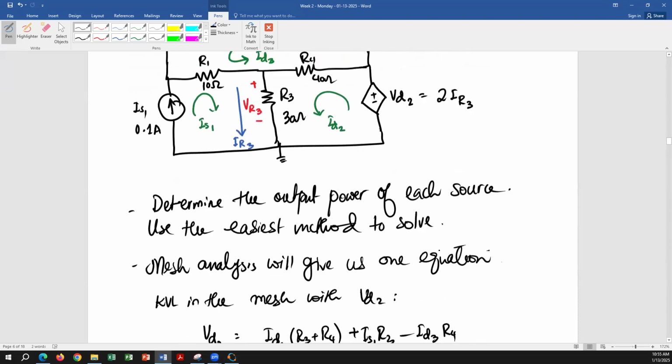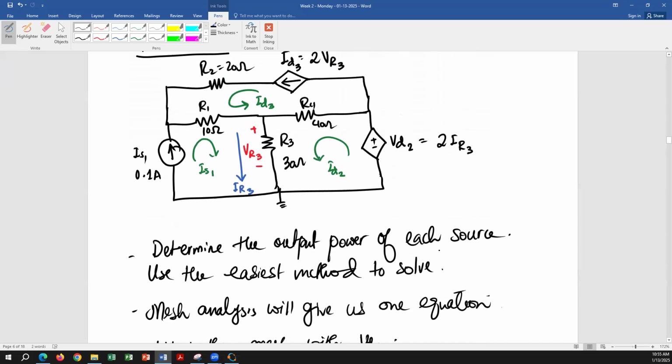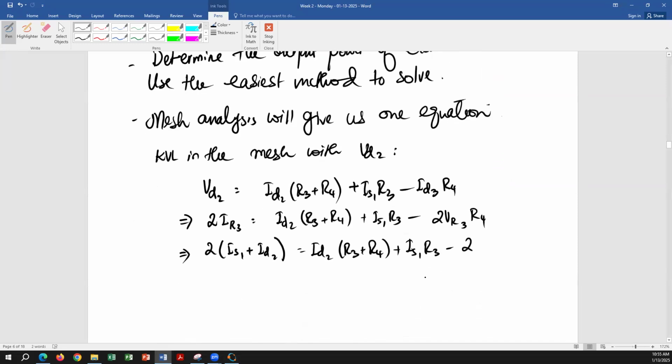All right, now VR3. VR3 is IR3 times R3. And IR3 is, like we just did, IS1 plus ID2. So VR3 is IS1 plus ID2 times R3. And that's what we're going to write down. So the equation is going to be in terms of only unknown ID2.